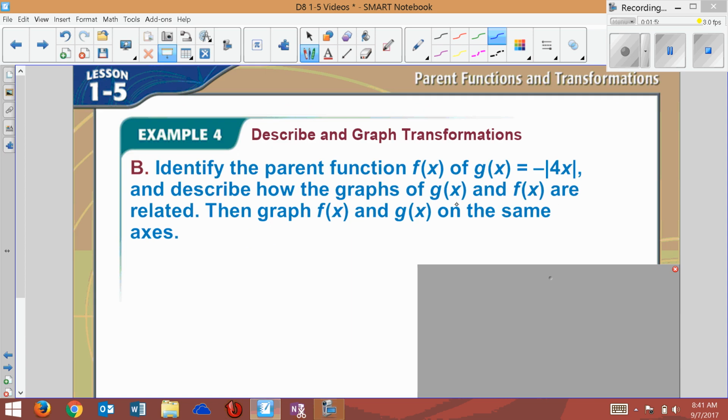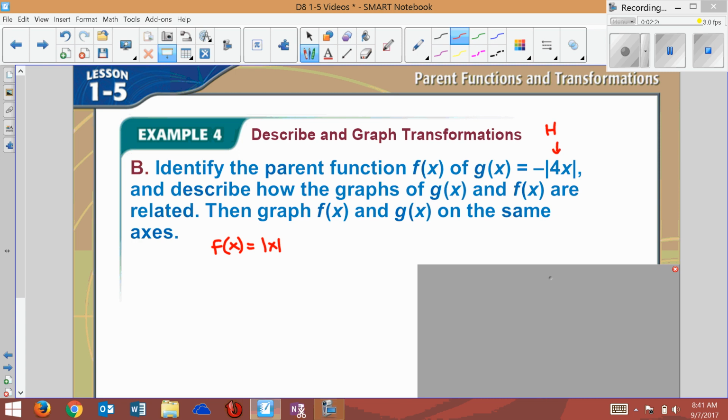All right, let's try this one. This time we have the negative absolute value of 4x. The parent function, f of x, is the absolute value of x. Now remember, that'll look like a V. The 4 is horizontal because it's inside.